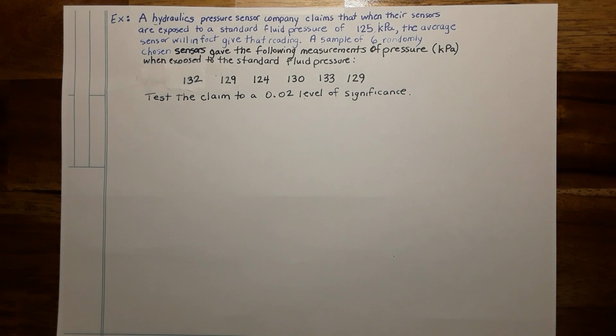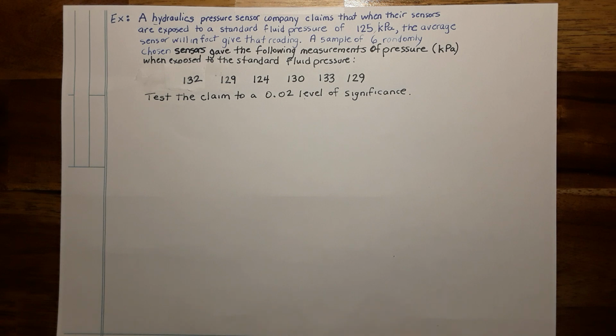This example will illustrate the methodology required to test the claim about a population mean when the population standard deviation is not known. A hydraulics pressure sensor company claims that when their sensors are exposed to a standard fluid pressure of 125 kilopascals, their average sensor will in fact give that reading.